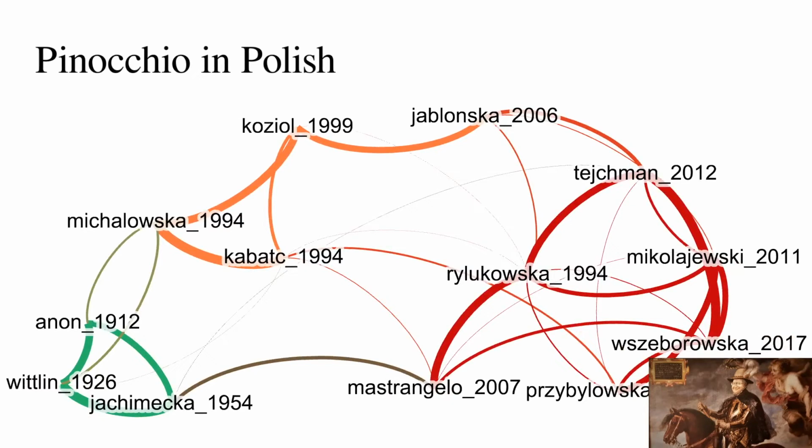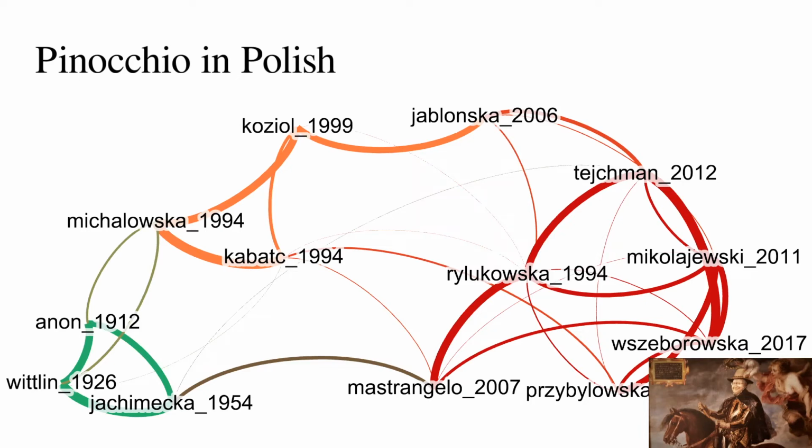Okay, one of my most recent studies, in fact, this is an ongoing study, is yes, you've seen it right. There are 13 Pinocchios in Polish. 13 Pinocchios which can be called translations rather than adaptations for even younger children.